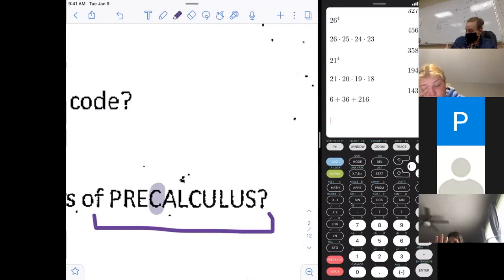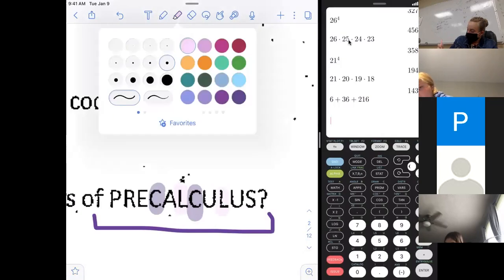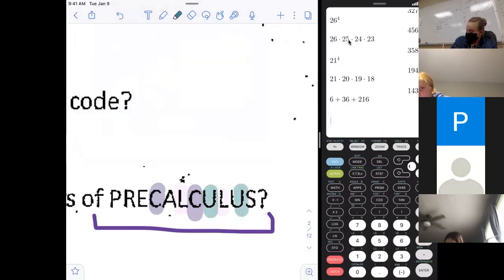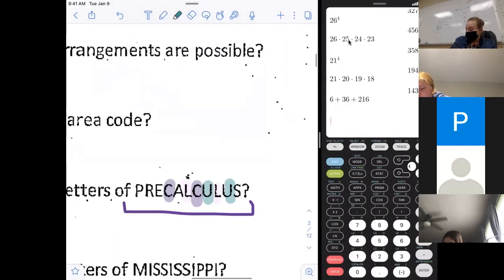I have a C that's twice, an L that's written twice, and a U that's written twice. Nothing else is repeated. No multiple P's, R's, or E's. But I have all these repeated letters, so I need to take that into consideration.